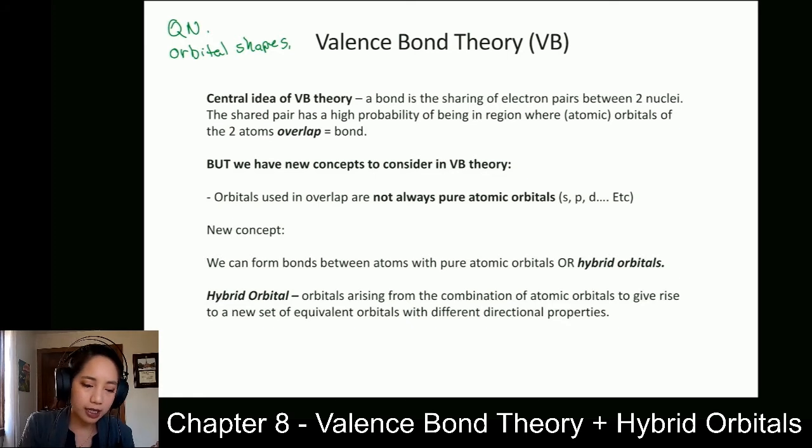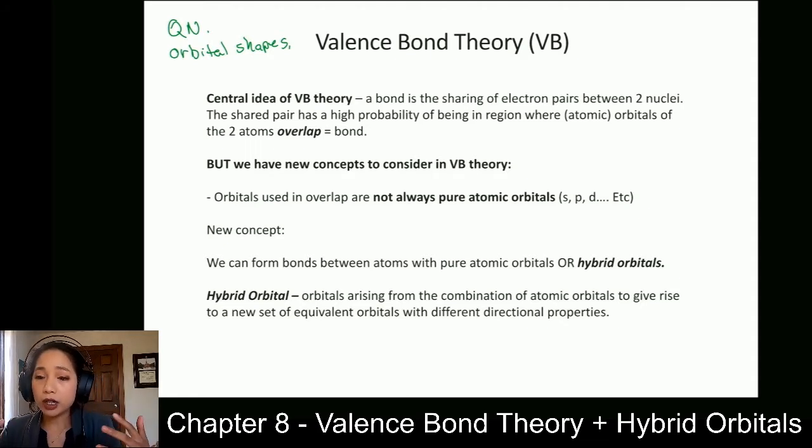The central idea of valence bond theory is that a bond is formed through sharing of electrons. We know that from Lewis structures. A shared pair of electrons has a high probability of being in a region where atomic orbitals of two atoms overlap. We know atomic orbitals are the shapes where electrons reside on an atom.